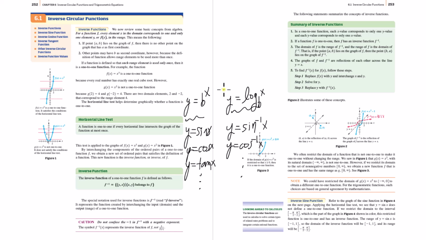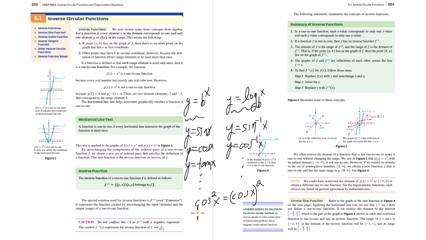Now, we've talked about this before, but it's important to note that this notation can be confusing, because if we had something like cosine squared of x, we know that this means cosine of x squared.